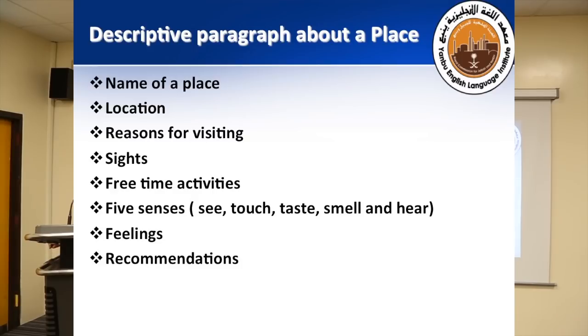Also, you can write about free time activities. You can use your 5 senses, like sight, touch, taste, smell, and hearing. You can also write about your feelings, how you felt when you visited that place. And the last one is recommendation. Would you recommend that place to your friend?